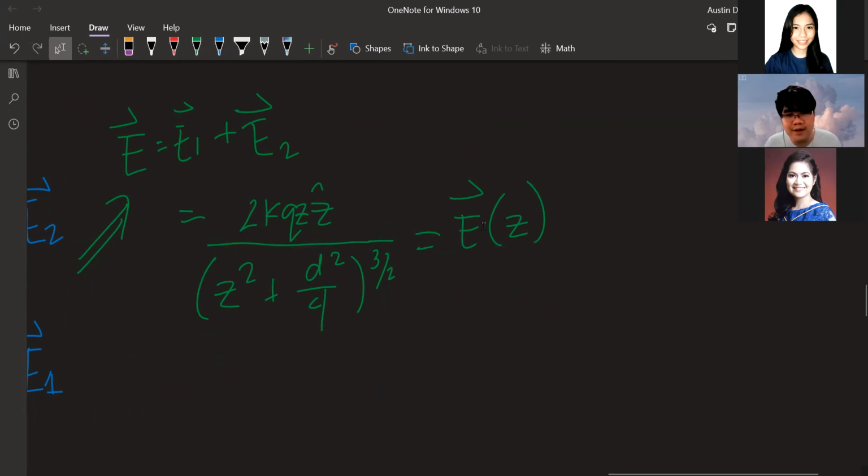That way you know which variable you can vary. Okay, I'm just going to check if that is the correct answer. And that is the correct answer, guys.